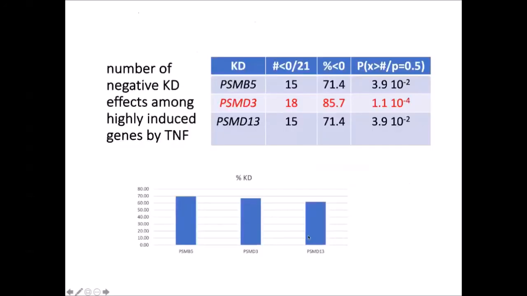If you look at the genes that have a negative effect for the knockdown, PSMD3 has 18 genes that get negatively affected in their expression, and the binomial test is highly significant. Here you see the knockdown efficiency, so that these differences are not easily explained by different knockdown efficiencies.